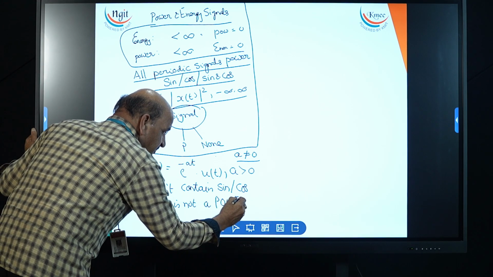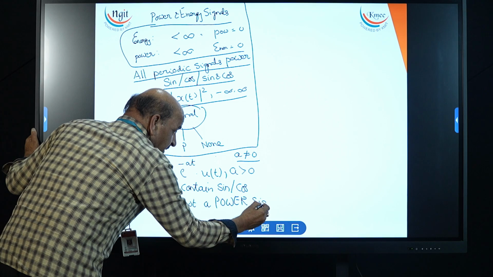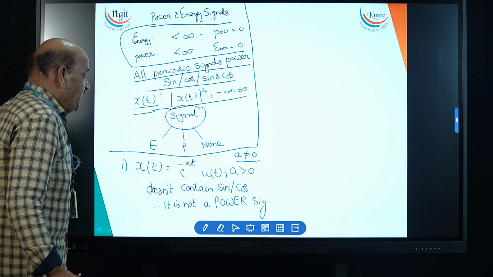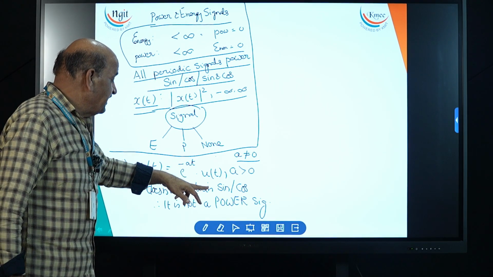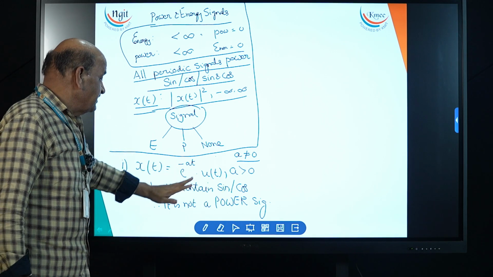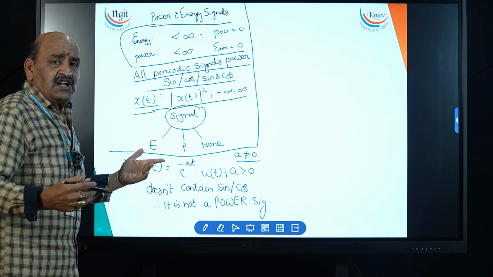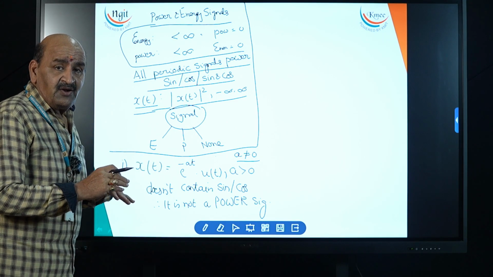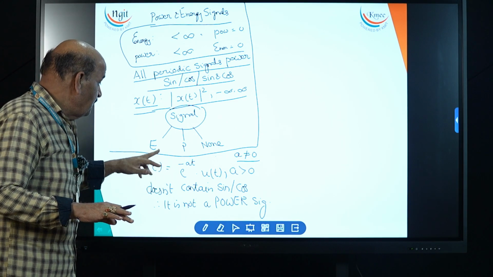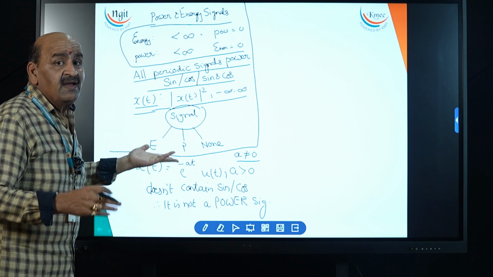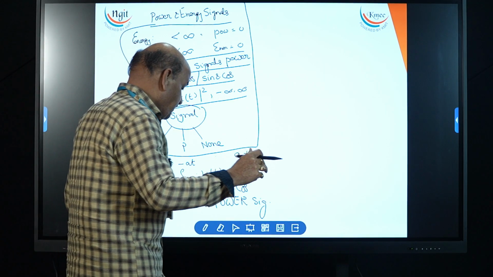If a signal doesn't contain sine or cos, that signal is not a power signal. So no need to calculate the power. Now we have to calculate the energy. Now let us calculate.